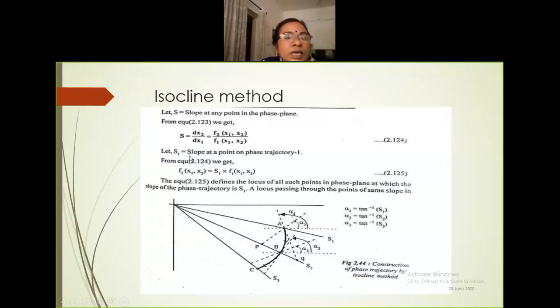Let s1 be the slope at a point on phase trajectory 1. From equation 2.1.4 we get, then you just cross multiply this, what you will get: f2(x1, x2) is equal to s1 times f1(x1, x2). The equation defines the locus of all such points in the phase plane.